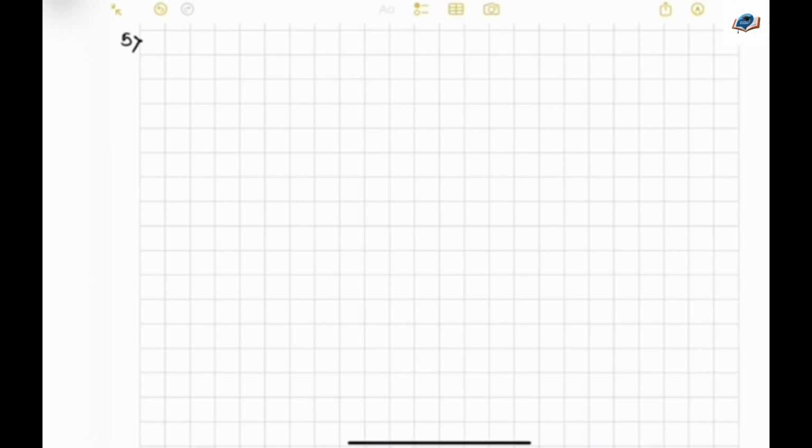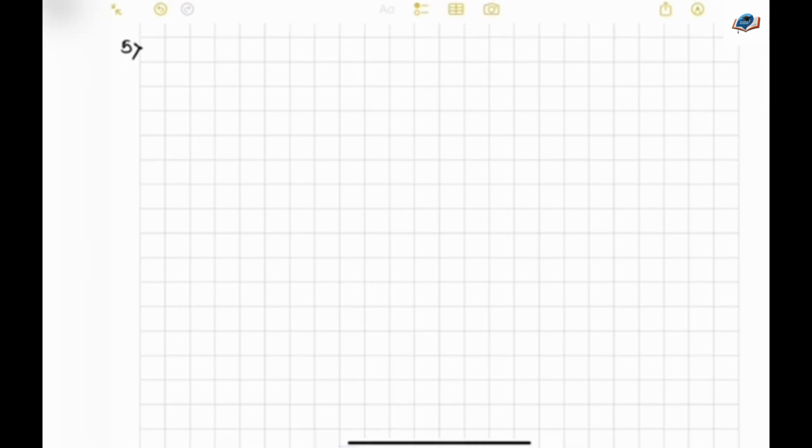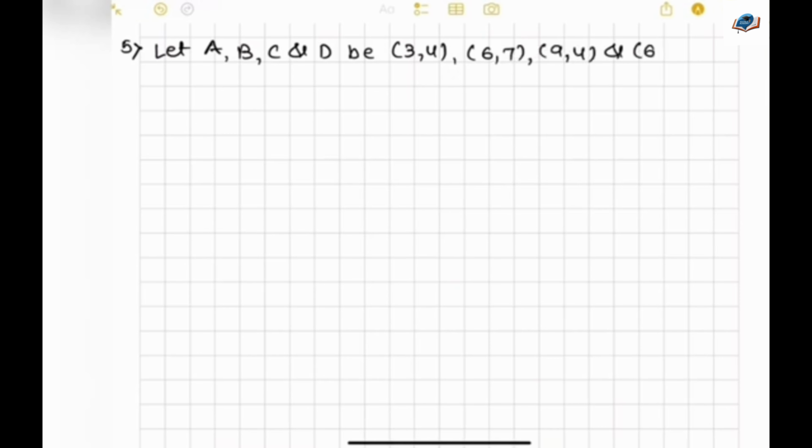So now let us take the points as ABCD, the students who are sitting at ABCD. So let A, B, C, and D be (3, 4), (6, 7), (9, 4), and (6, 1) respectively.